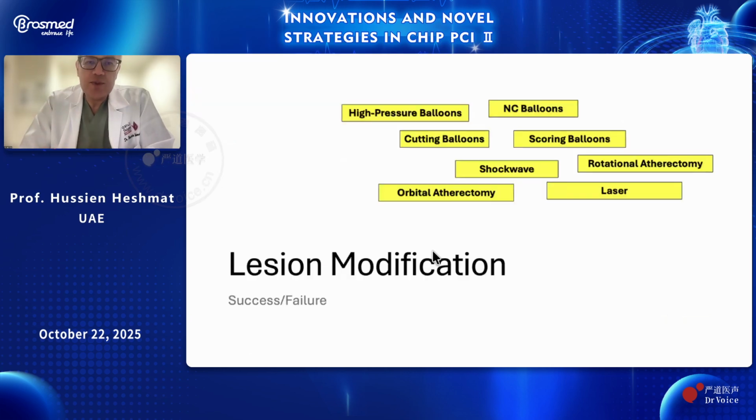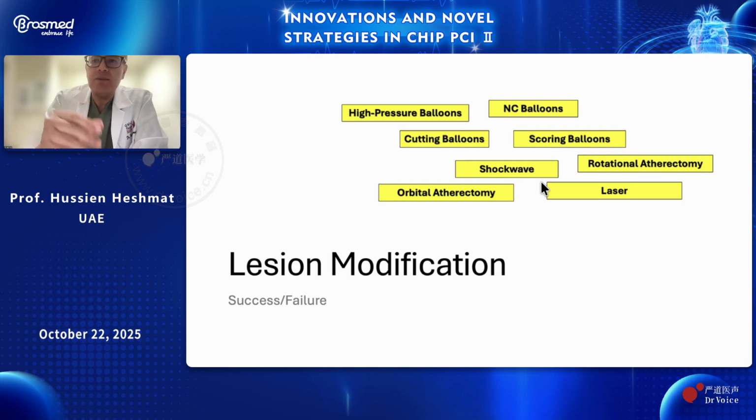So what tools do we have for lesion modification? We have non-compliant balloons, high-pressure balloons, scoring, cutting, and of course, different atherectomy, including IVL. Today my topic is going to be scoring balloons because they fit, as I will show you, those lesions that do not respond properly to an NC balloon, not essentially densely calcified lesions where we go to more aggressive tools for modification, but also large vessels.